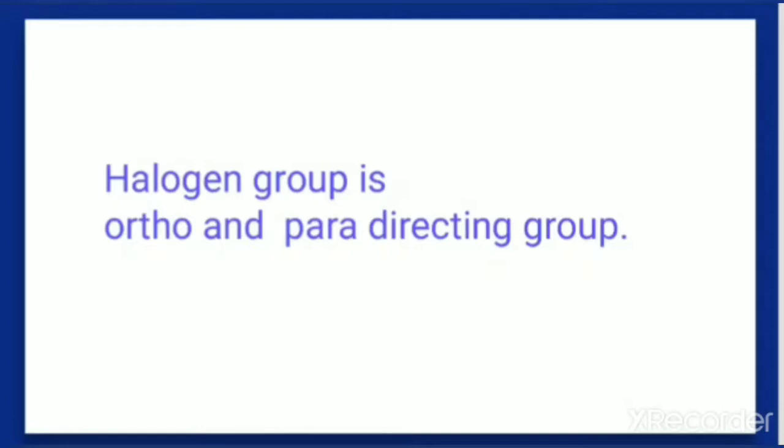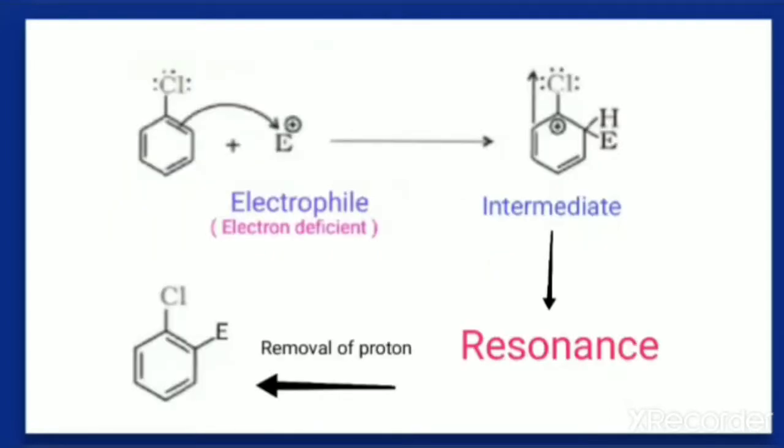That means whatever product is formed during the electrophilic substitution, either the substitution takes place at the ortho position, as you can see here, or we get the product in which substitution takes place at the para position. So why is it an ortho-para directing group? It can be better explained through resonance.